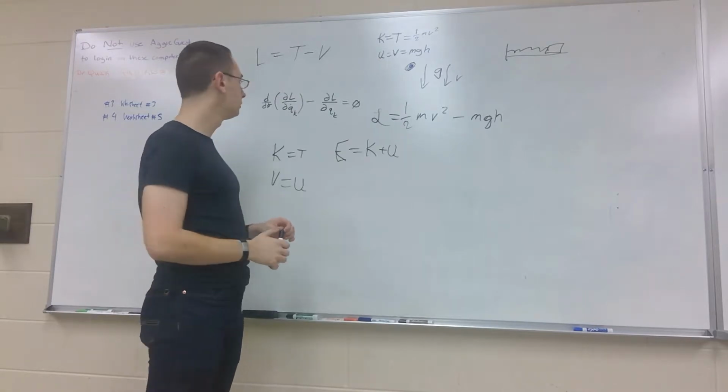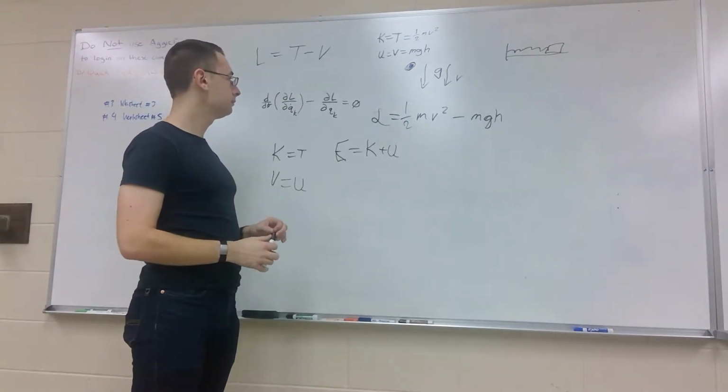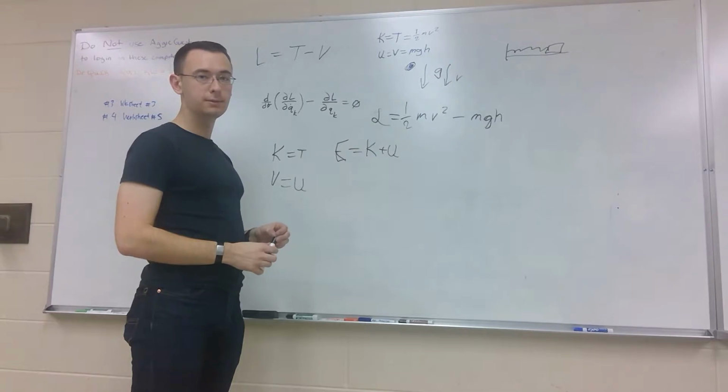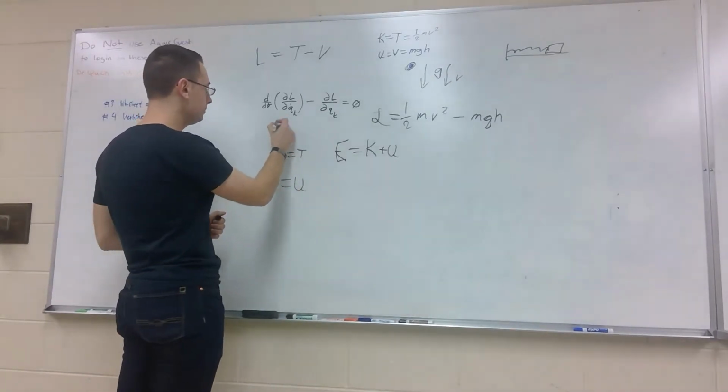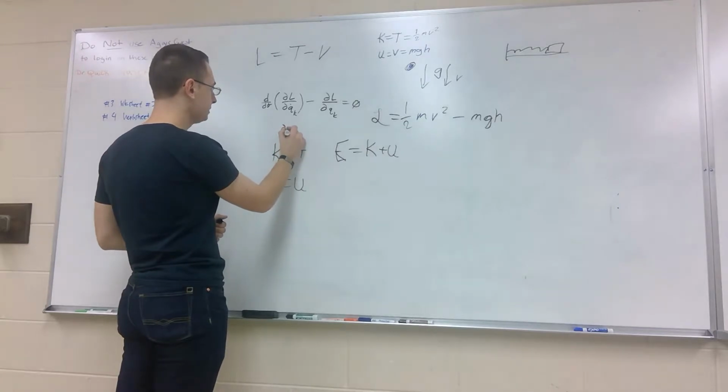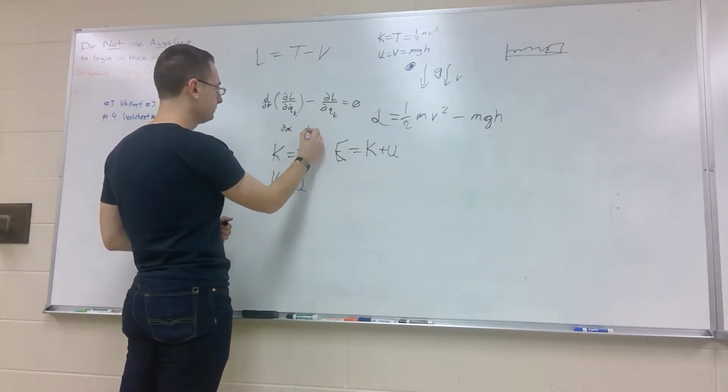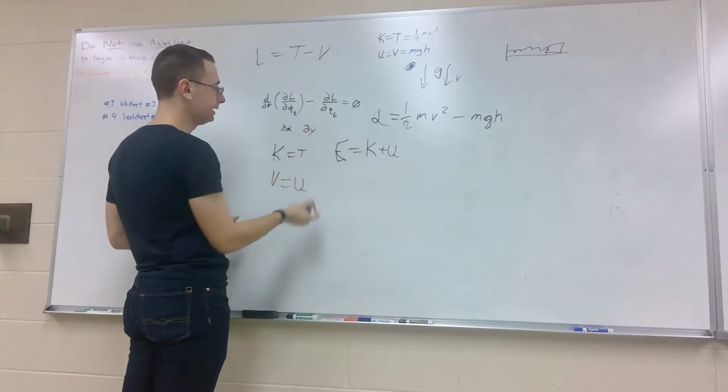dL over dq_k. It can work for all the equations? Yeah, so like if this was Cartesian, this would be dx dot or dy dot, for example.